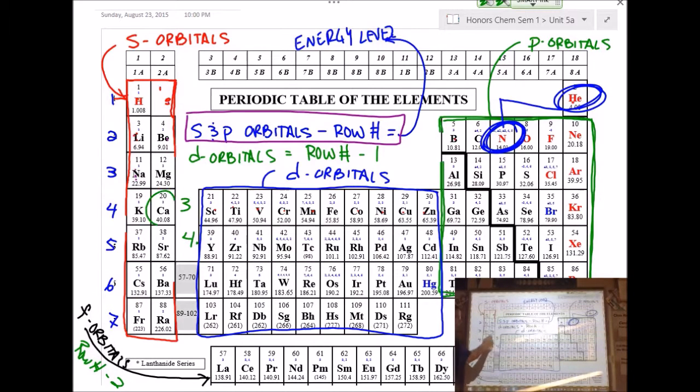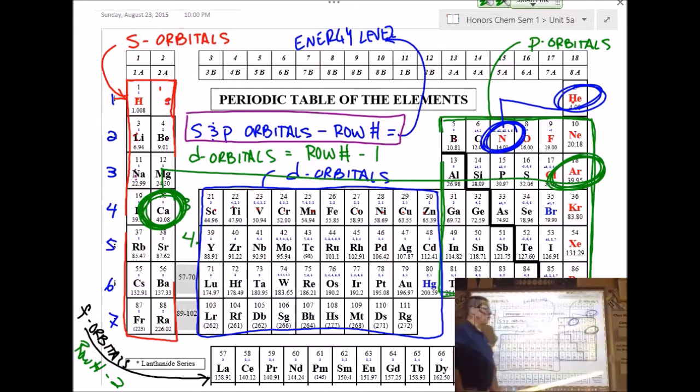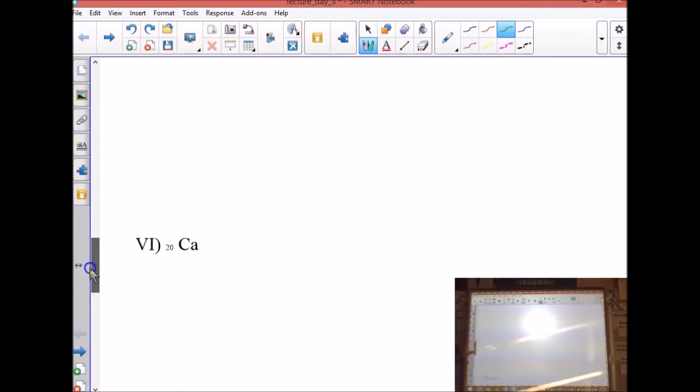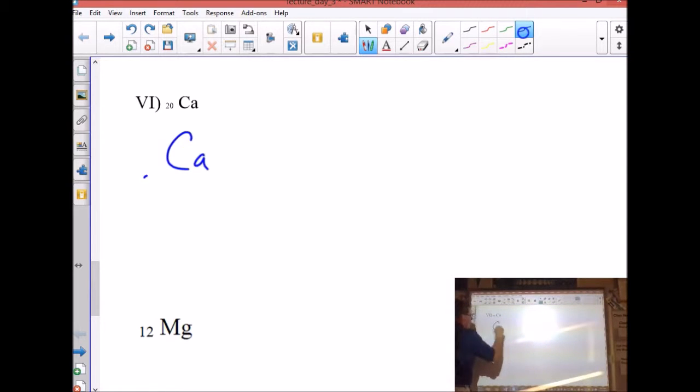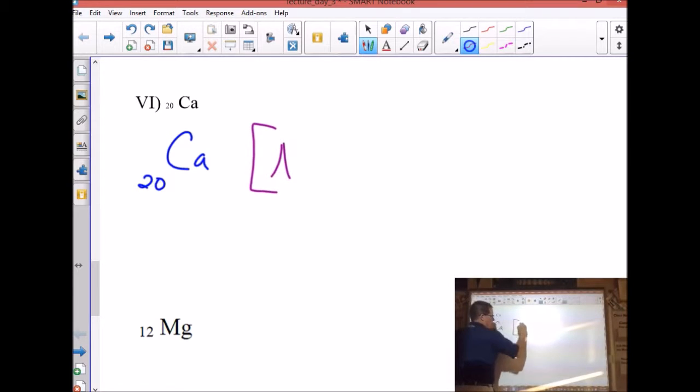So calcium is right here. So go up one row, and what noble gas is that? Argon. So when we do calcium, we'll put in brackets argon.